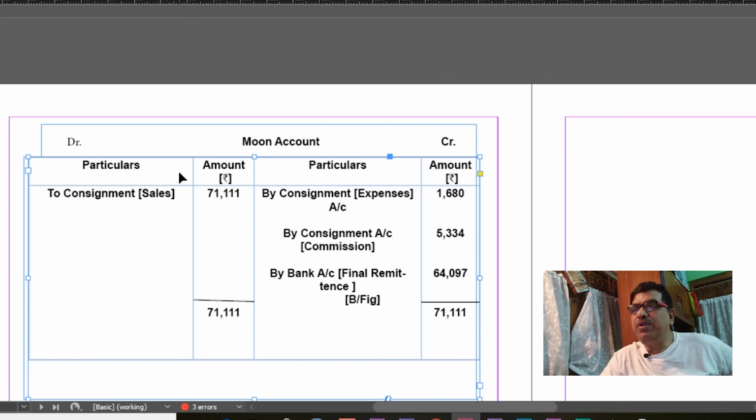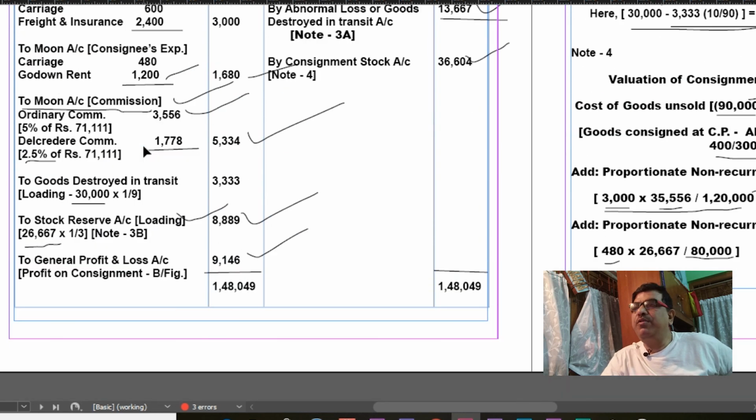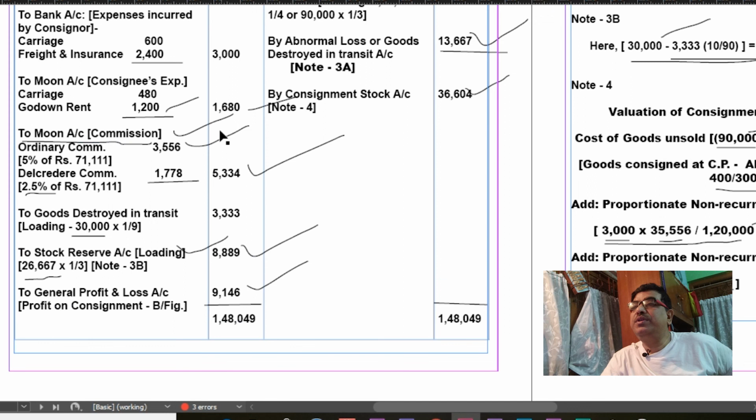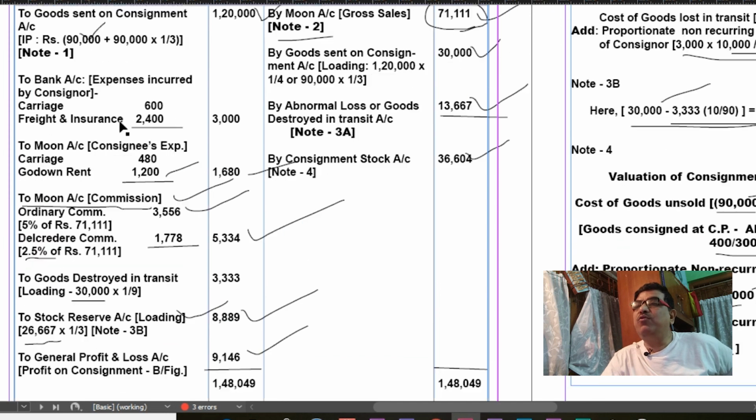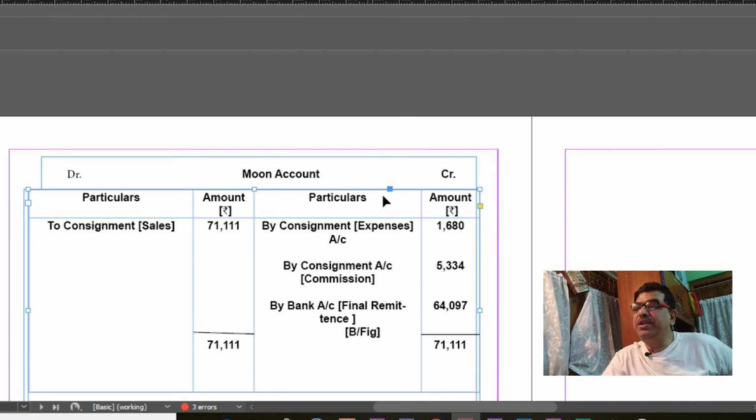Therefore, Moon is a consignee here and we have to open Moon's account in the books of consignor. Therefore, I have to see where is Moon. Here, Moon account in case of consignee's expenses 1,680.